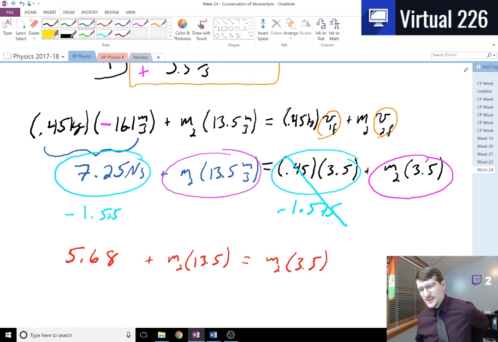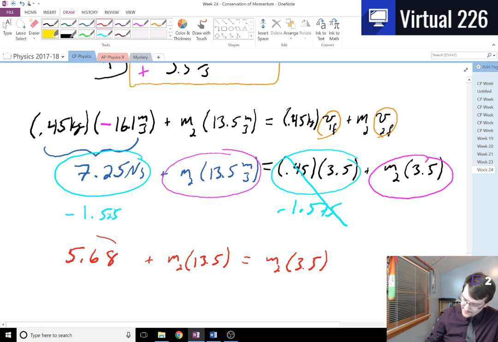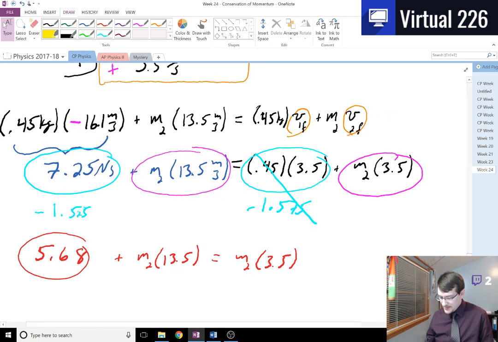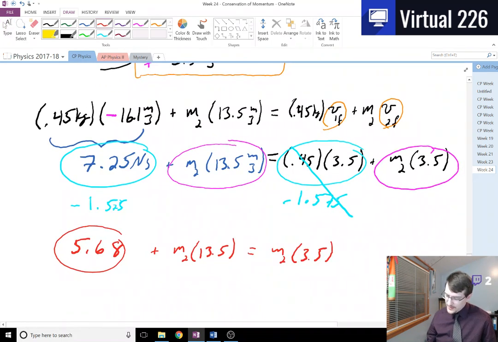Okay, so I realized there that I messed something up on the way through. It's this 5.68. I recognize that when I subtracted this 13.5 m2s over, I was going to get a negative value on the right side and a positive value on the left, which would have given me a negative mass. That doesn't make any sense.